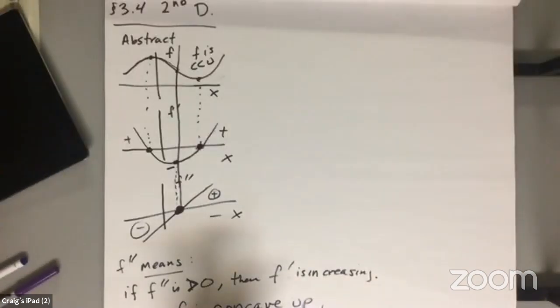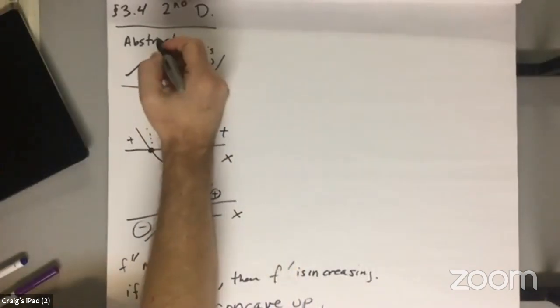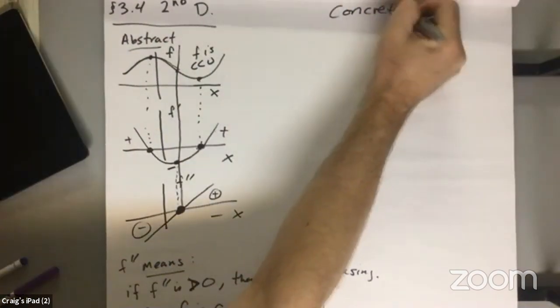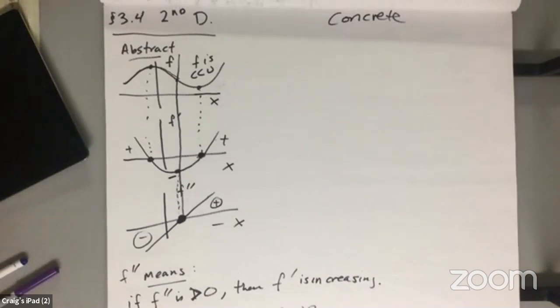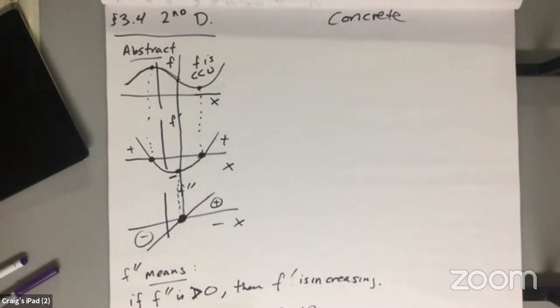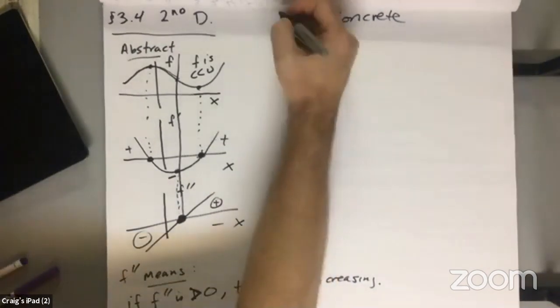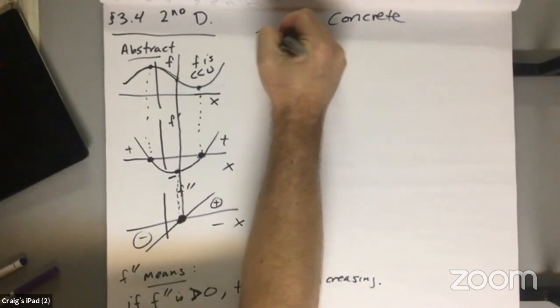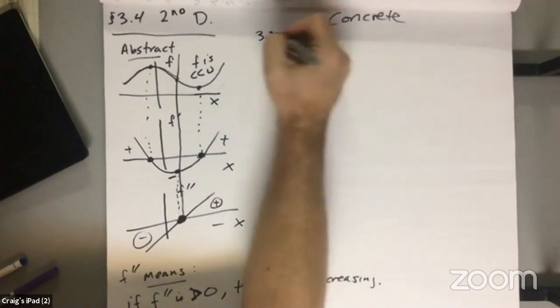Okay, so let's do not just an abstract example here. Let's do a concrete problem. I just want to do the same one. It's basically 3.3.1, but the book didn't do it with the second derivative test, okay?